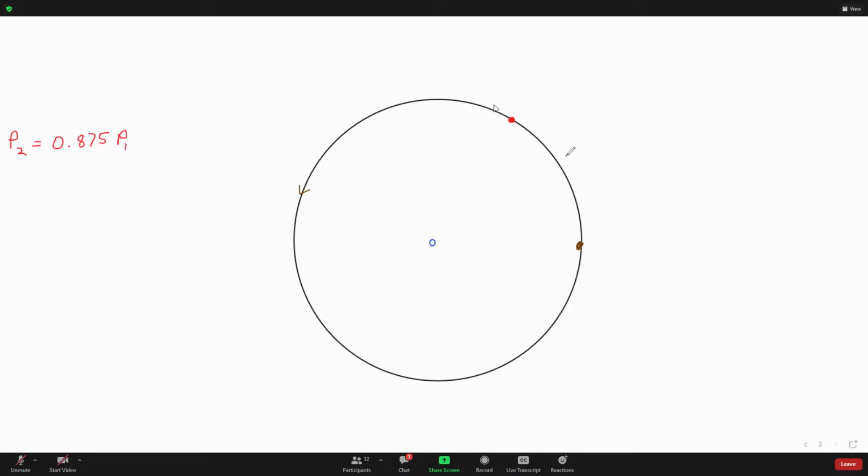So this is orbit number 1, and the red orbit here is orbit number 2.